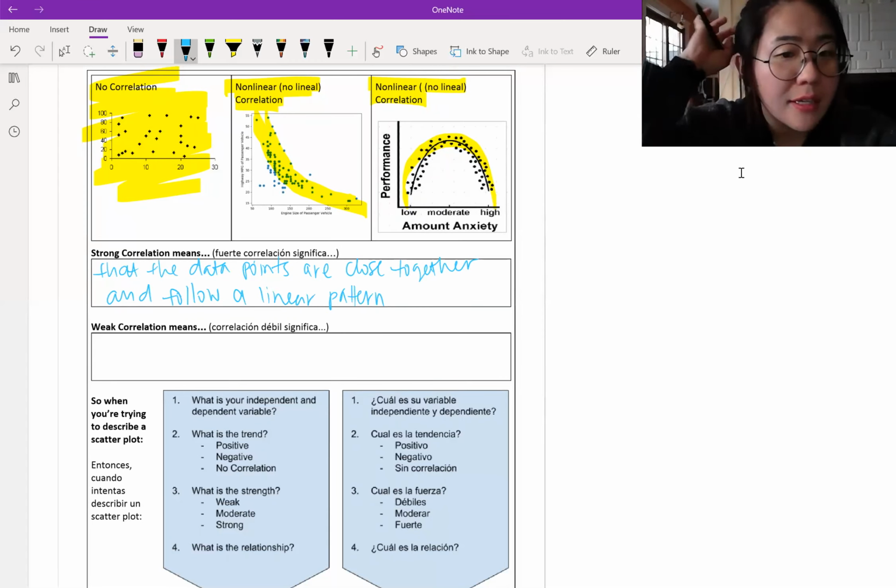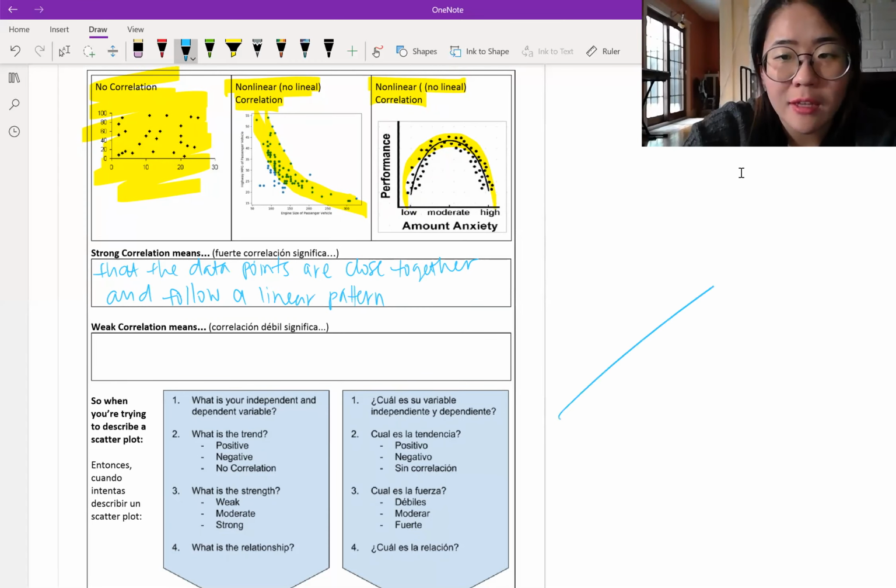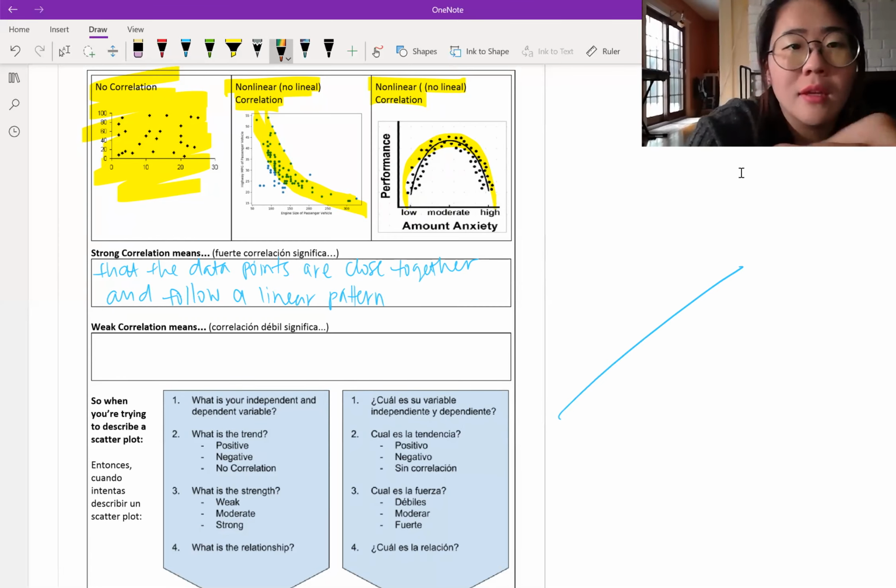So basically, if this was a line, if all the data points are as close to this line as possible, that shows that it's very strong.